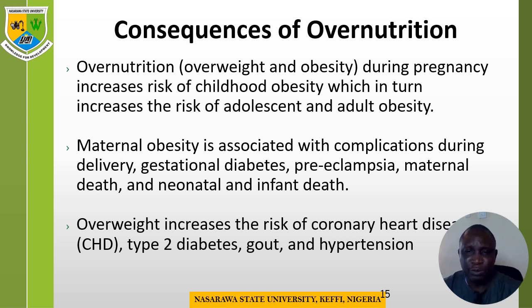Two, maternal obesity is associated with complications during delivery, gestational diabetes, preeclampsia, maternal death, and neonatal and infant death. Then number three, overweight increases the risk of chronic heart disease, type 2 diabetes, gout, and hypertension.